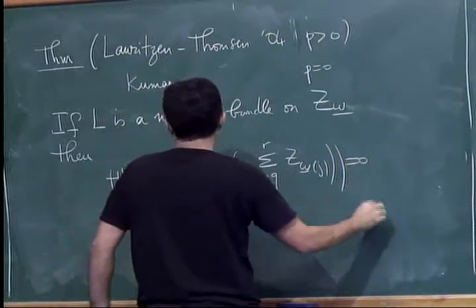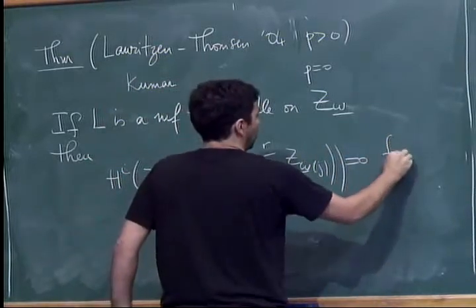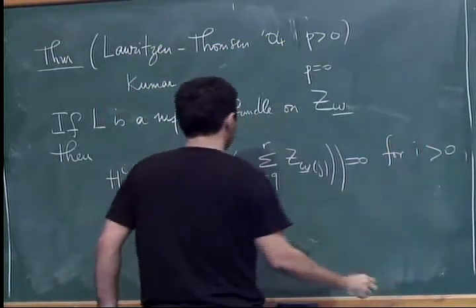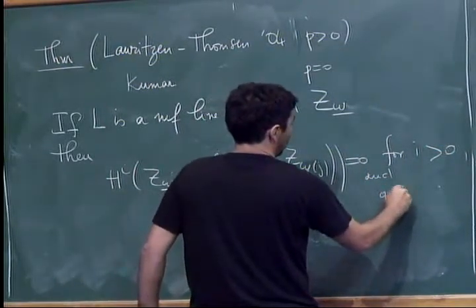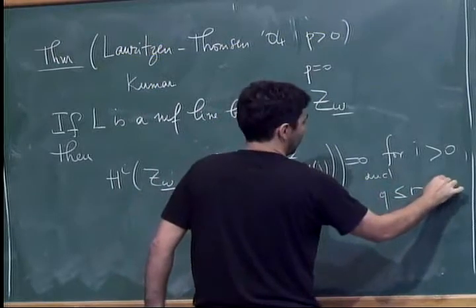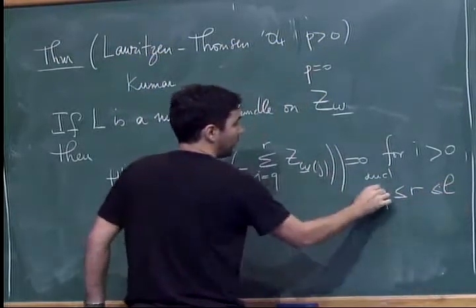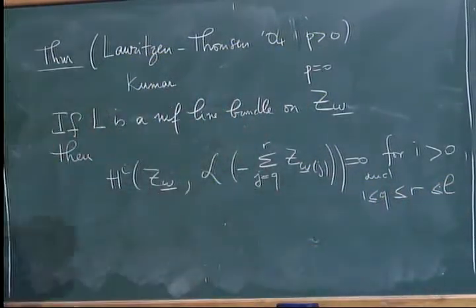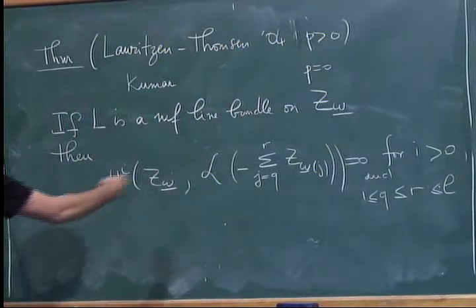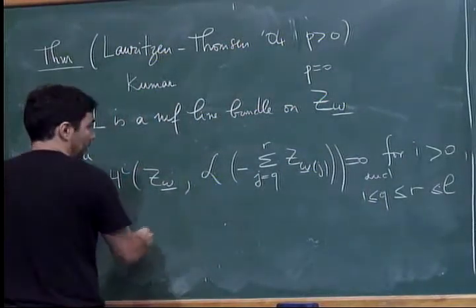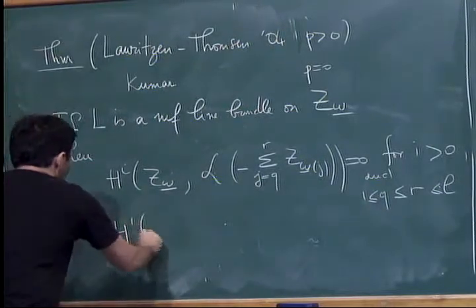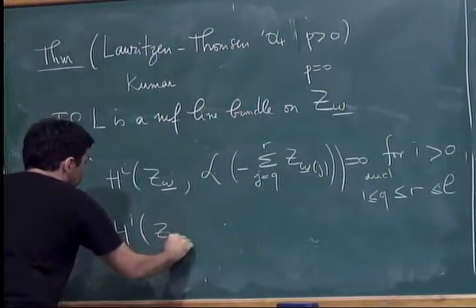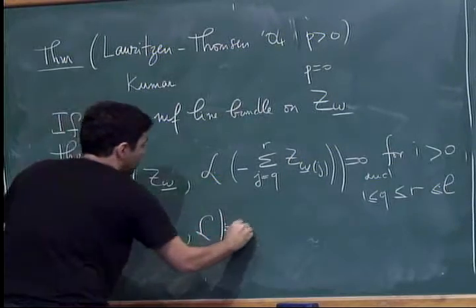This cohomology is 0 for i positive and q less or equal to r less or equal to 1. So you have all this vanishing, and in particular L itself has no cohomology.